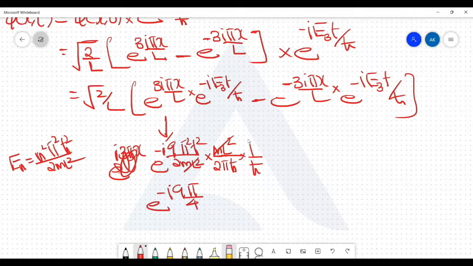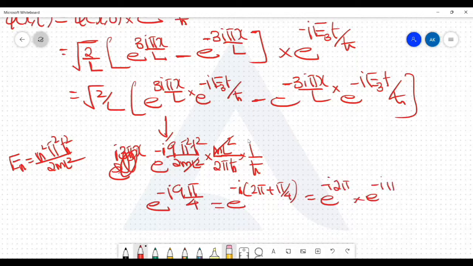This is nothing but cos 9 pi by 4 minus i sin 9 pi by 4, or let me write it in this way: e raised to minus i into 2 pi plus pi by 4. So e raised to minus i 2 pi into e raised to minus i pi by 4. e raised to 2 pi i is 1, and e raised to minus i pi by 4 is cos pi by 4 minus i sin pi by 4.